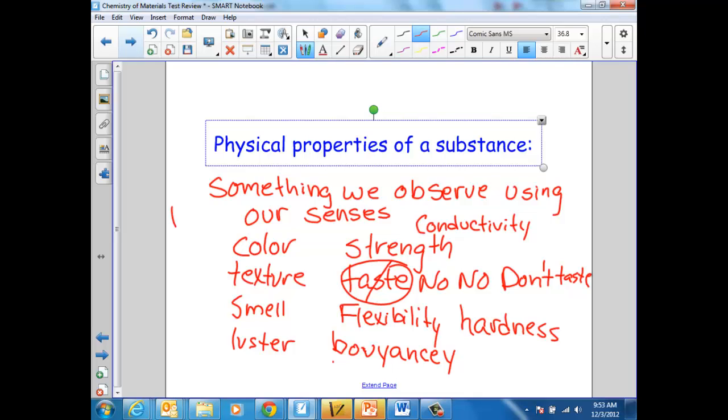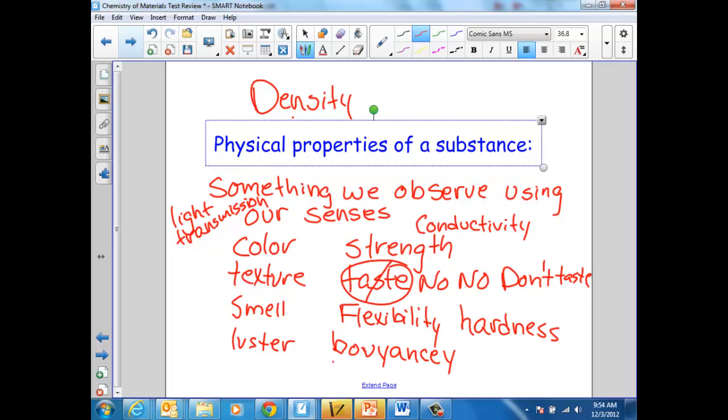Okay, so light transmission. We've got a lot of them. There's one I want to ask you about. How about this one? Is that physical or chemical? Physical. Why is it physical? Taylor? It doesn't involve a chemical reaction. Right, it does not involve a chemical reaction.